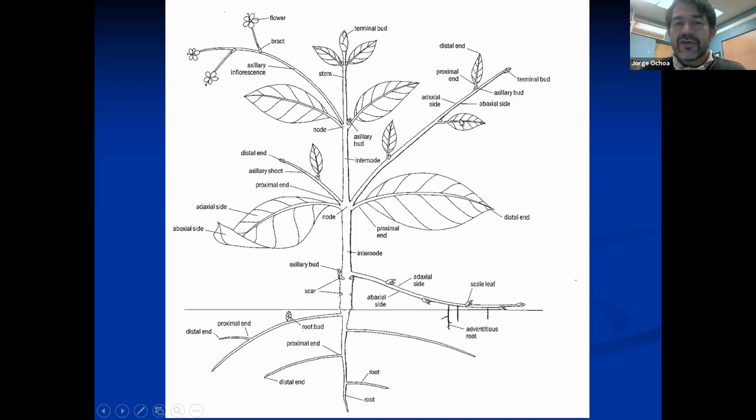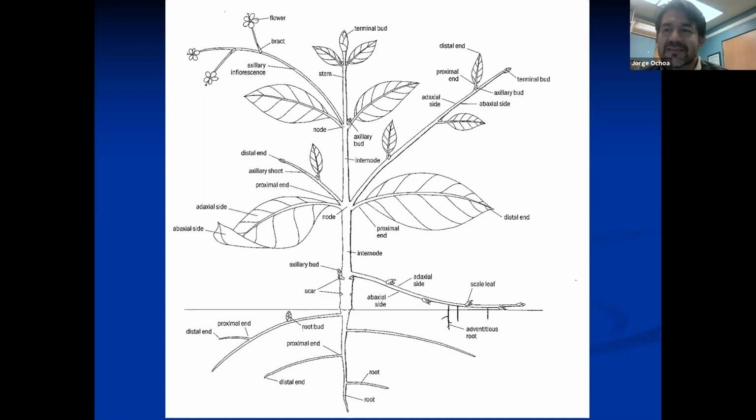And so you have that portion of the plant known as the node, and the area between the two nodes, as you can see here, is going to be the internode. The internode is very important for you to know where it is, because if you were to make a cut right here below the node, then you're going to have the pure internode that does not have any lateral buds, and that is going to create a stub.